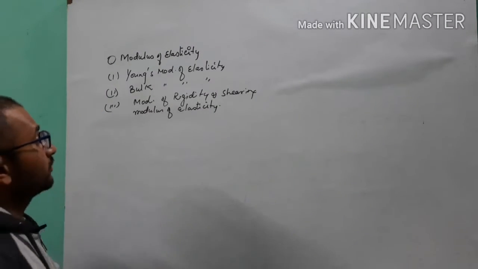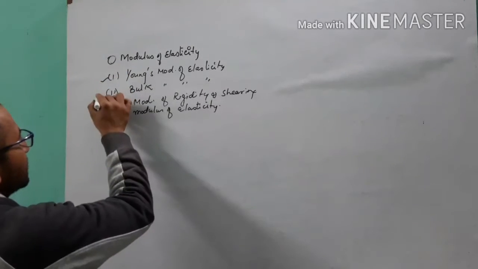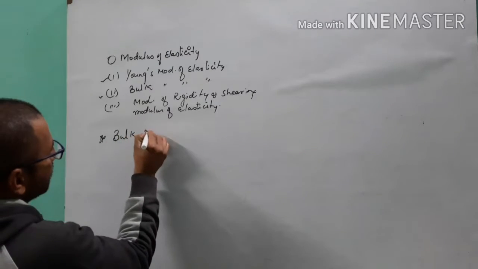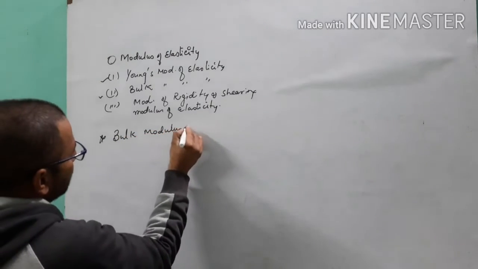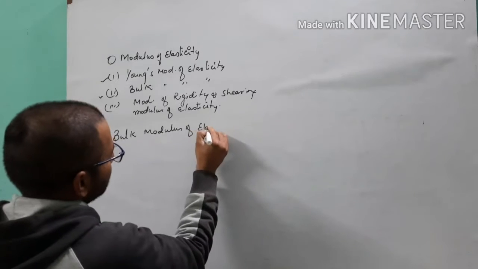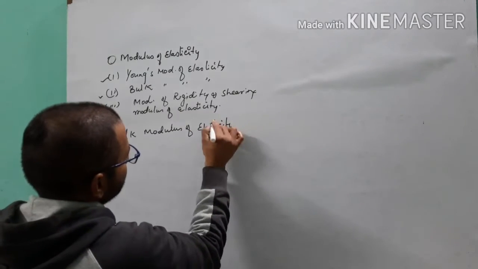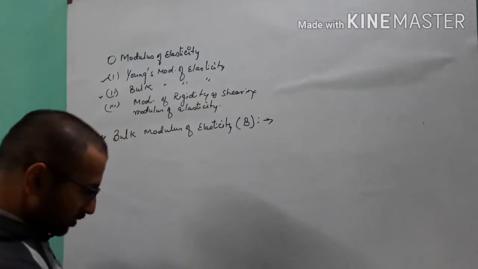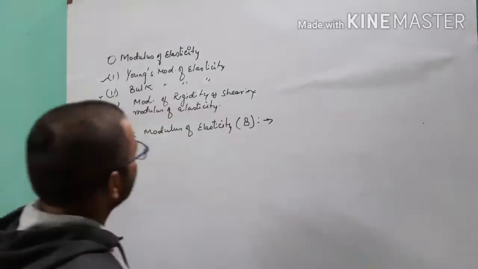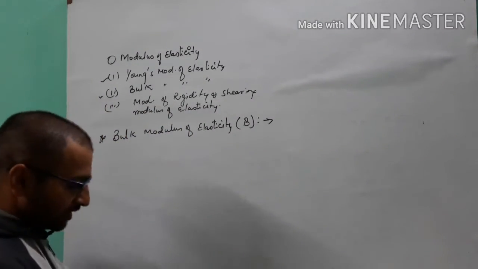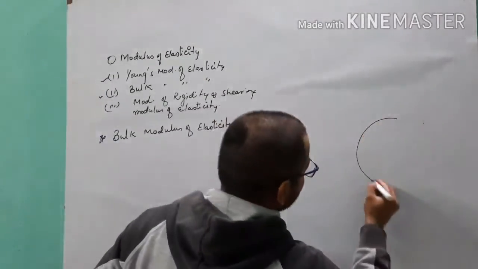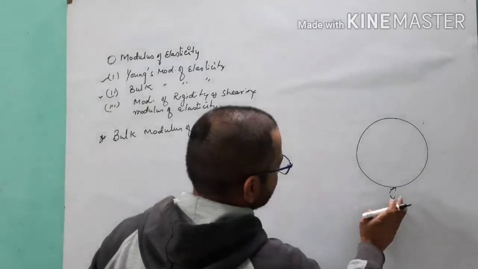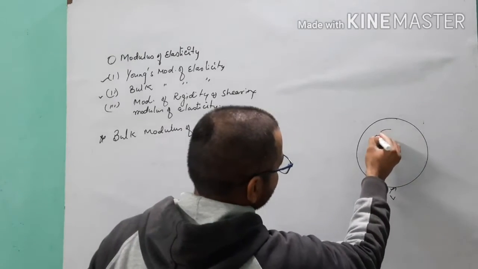Now after the discussion of Young's modulus of elasticity, the next heading is bulk modulus of elasticity, which is denoted by B. Point clear? As we know, when we talk about the bulk modulus of elasticity, we are talking about a body that has volume V, which means volumetric strain is applicable in this condition.